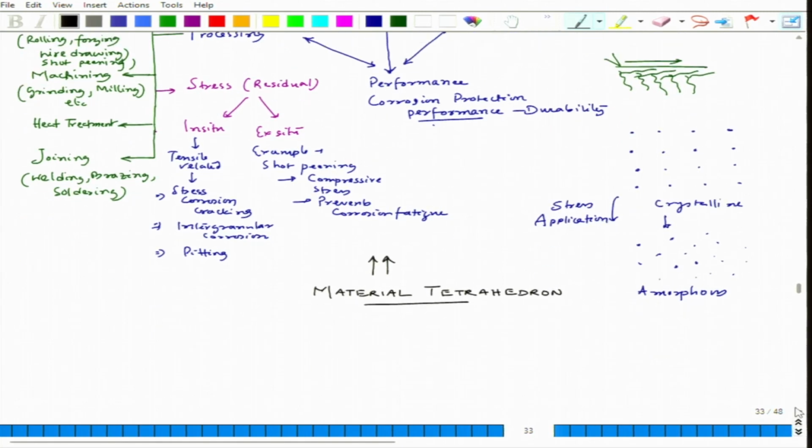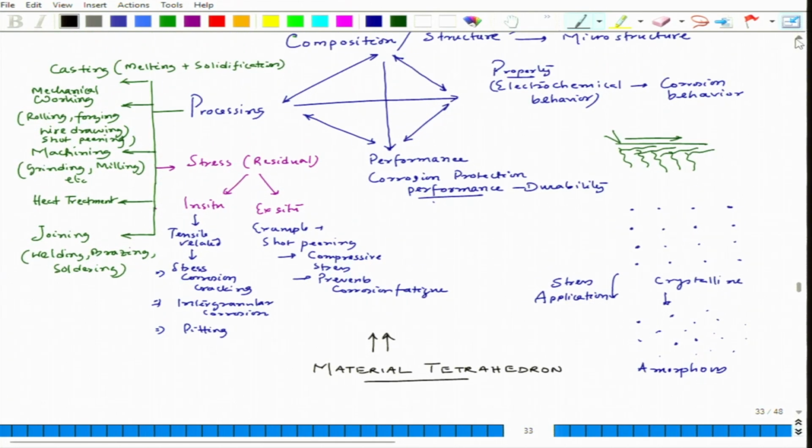So when we talk about corrosion behavior, we talk about the materials tetrahedron. Now in the material tetrahedron, one thing is not incorporated here, so we have to introduce it if we talk about corrosion resistance of the material.